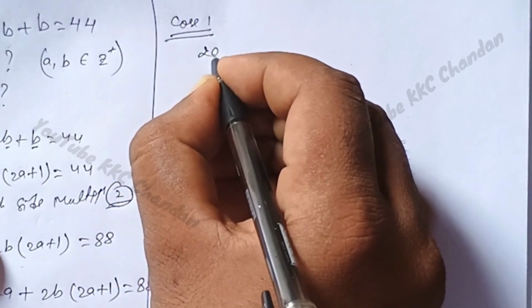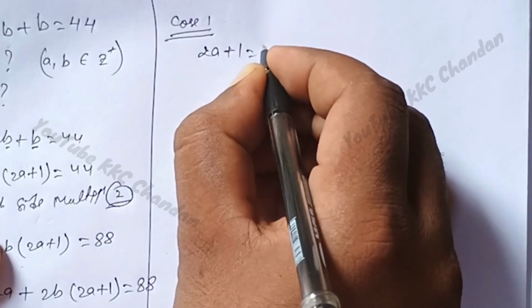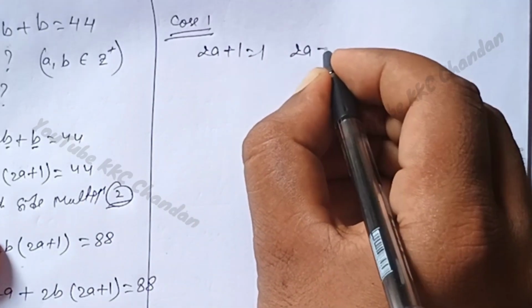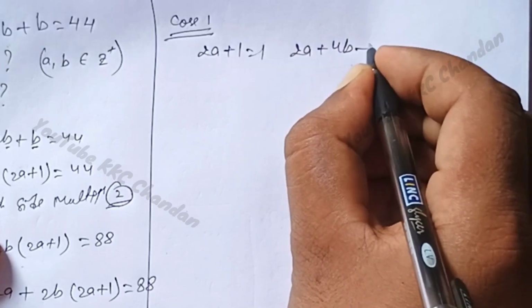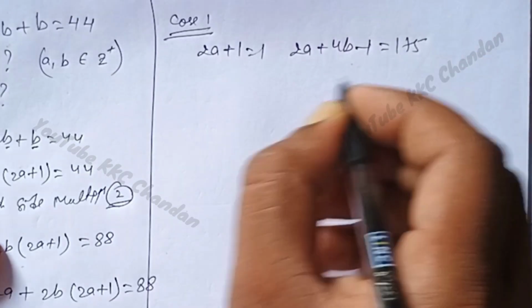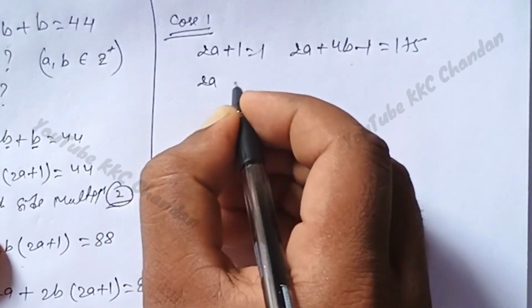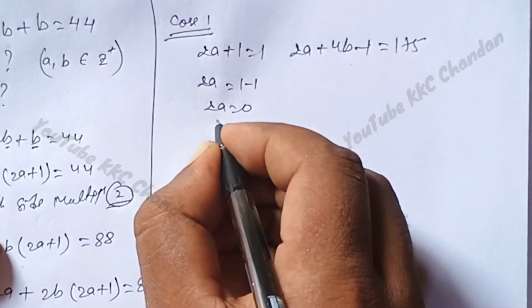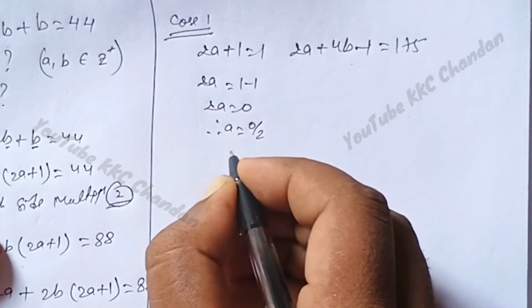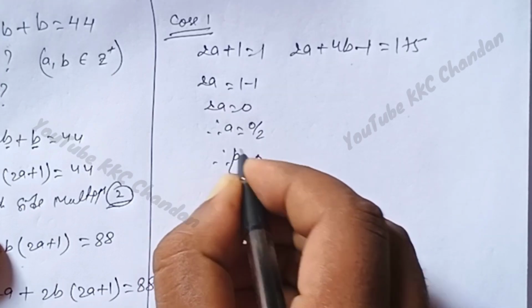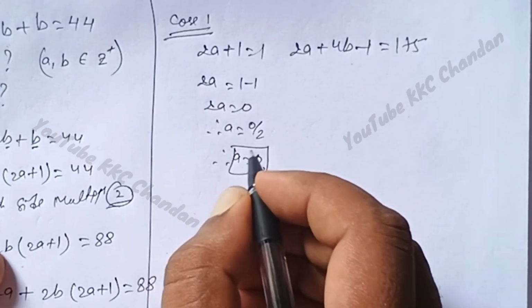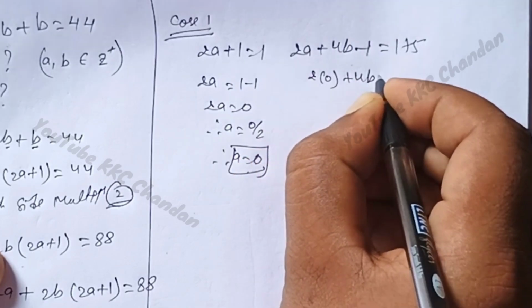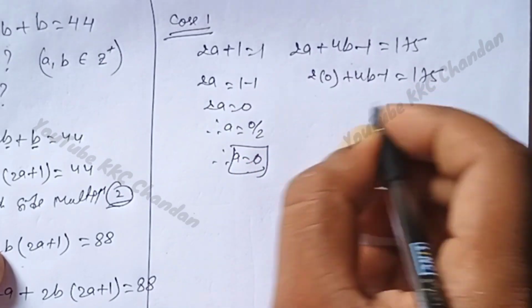Case 1: 2a plus 1 is equal to 1, and 2a plus 4b minus 1 is equal to 175. So 2a is equal to 1 minus 1, 2a is equal to 0, therefore a is equal to 0. Put this a value in 2 into 0 plus 4b minus 1 is equal to 175.